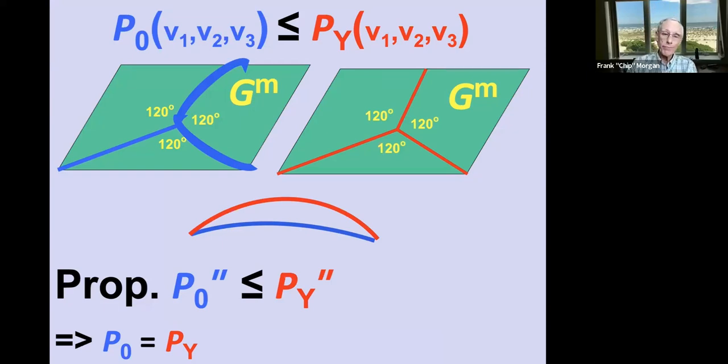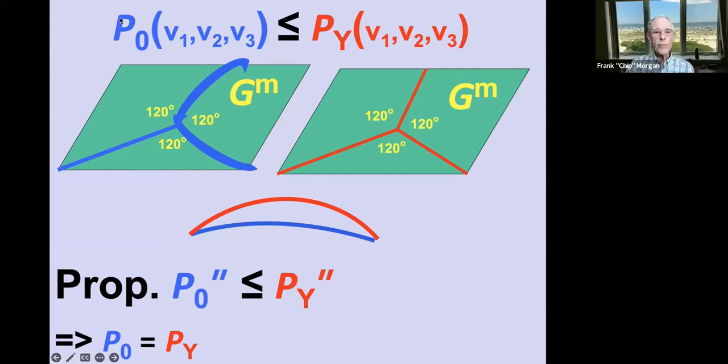The minimizer, which could be more complicated, could be curvier, and its perimeter, which I called P0, depending on the three volumes, all we know is that it has to be less than or equal to P_Y, because it's the minimizer. And so if you'd graph it, the blue curve would lie under the red curve. And they come together at the ends where one of the volumes goes to zero. That's easy to check. All right, so that's the starting place.